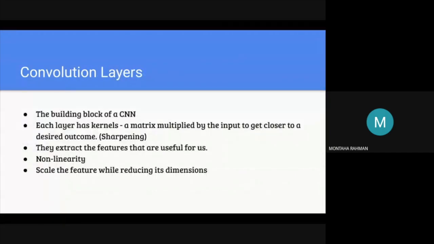Okay, so convolutional layers are the building blocks of the CNN. Just like in a neural network the building block is a perceptron, for CNN it's a convolutional layer. Each layer has kernels.